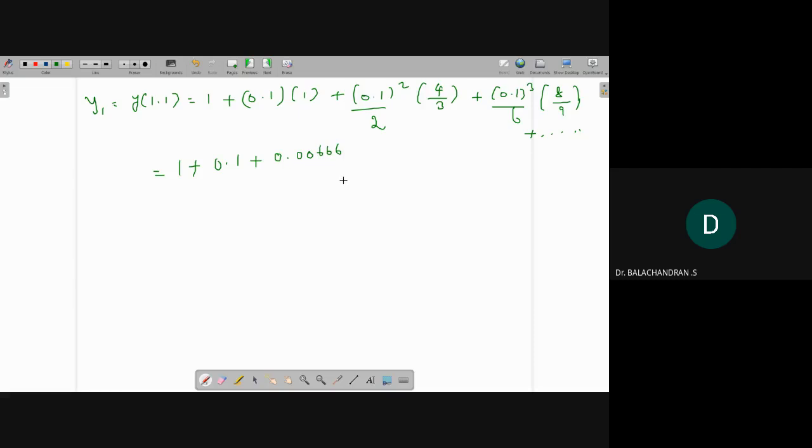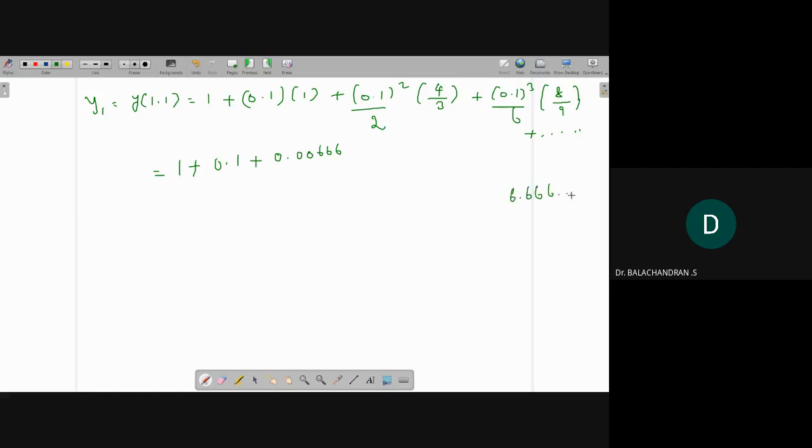So into 4, I am getting 0.02. 0.02 divided by 3, I got 6.6666.